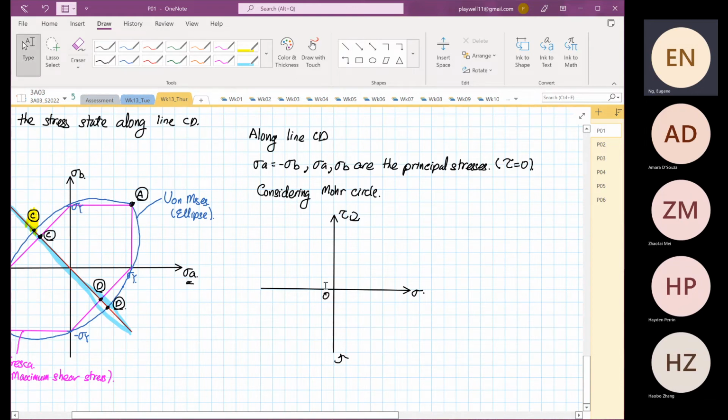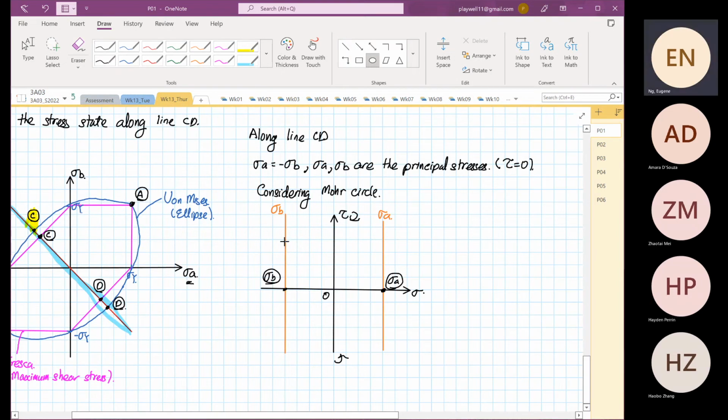This is 0, this is our sigma A, and this is our sigma B stress magnitude. And we know that sigma A is exactly here because the shear stress is equal to 0.